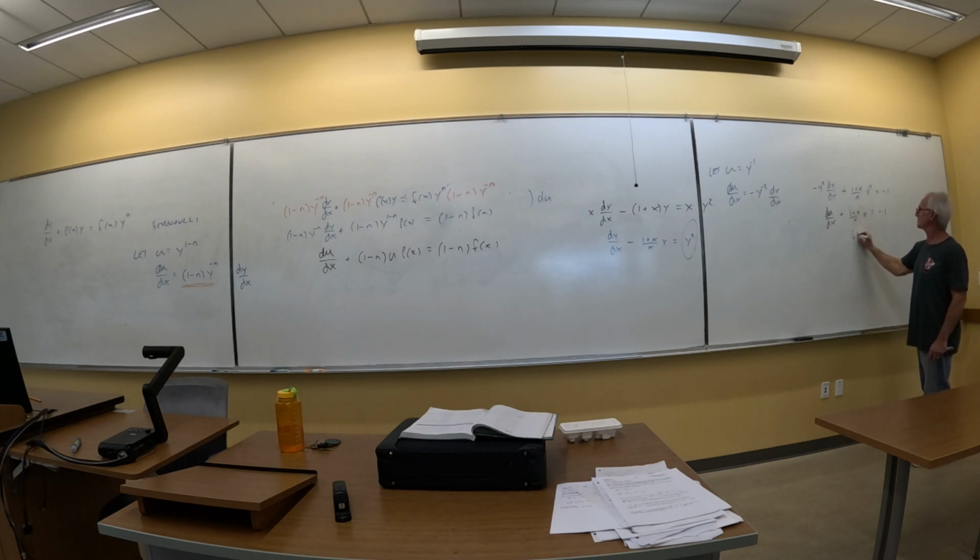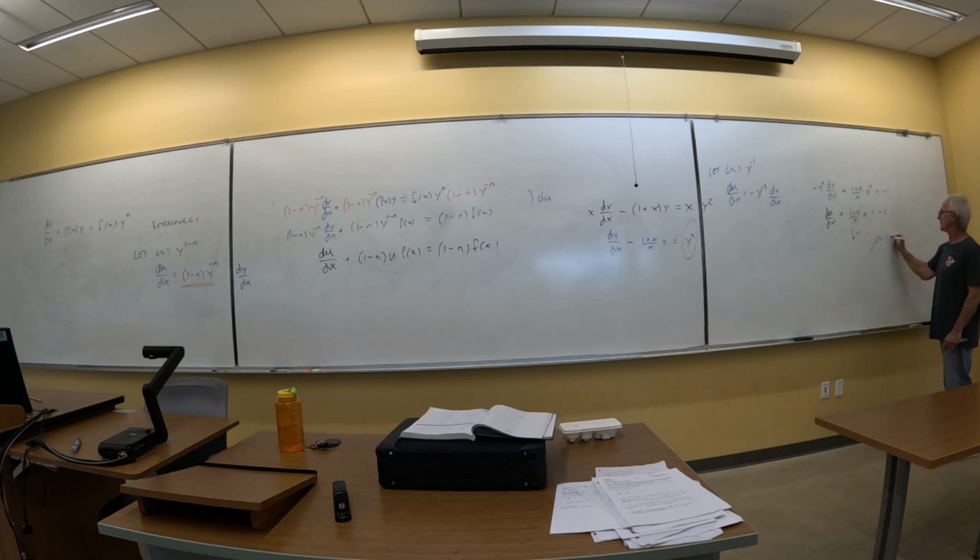So that's 1 over x plus 1. So my integrating factor is e to the integral of 1 over x plus 1 dx, which is e to the natural log x plus x, but rules of exponents, right? So this is e to the log x times e to the x, which is just x e to the x.